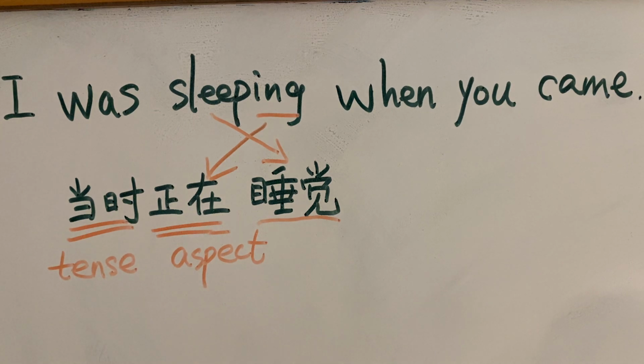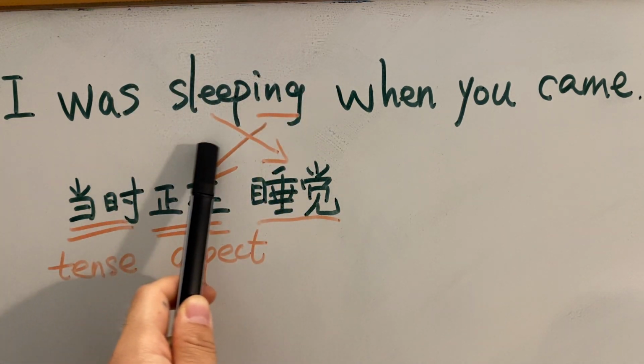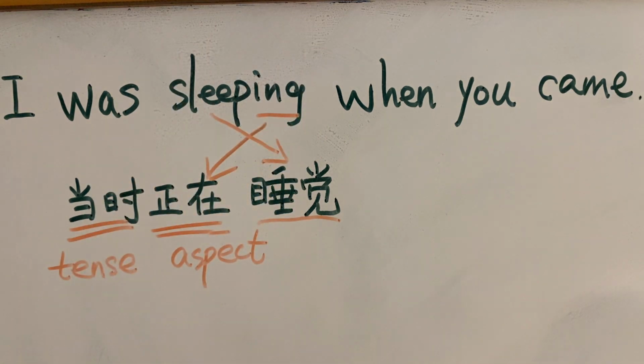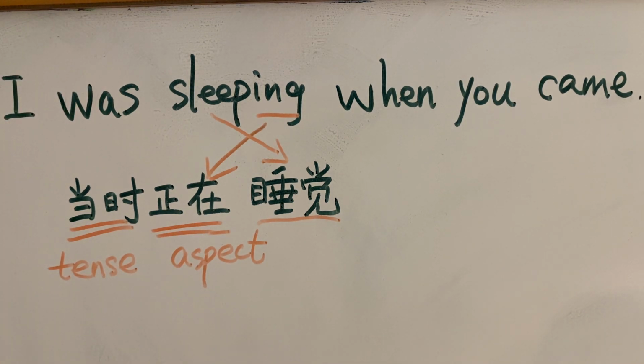In English, you have to change the form of the verb: the finite verb, the non-finite verb, the participle, the past participle, the present participle. You change the verb according to the tense, the aspect, the pronoun, the subject.